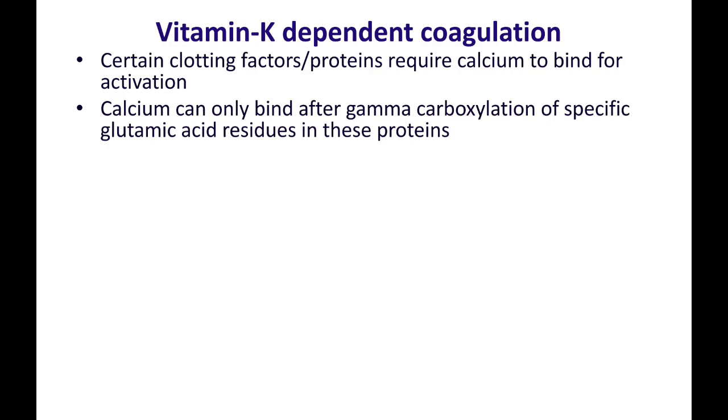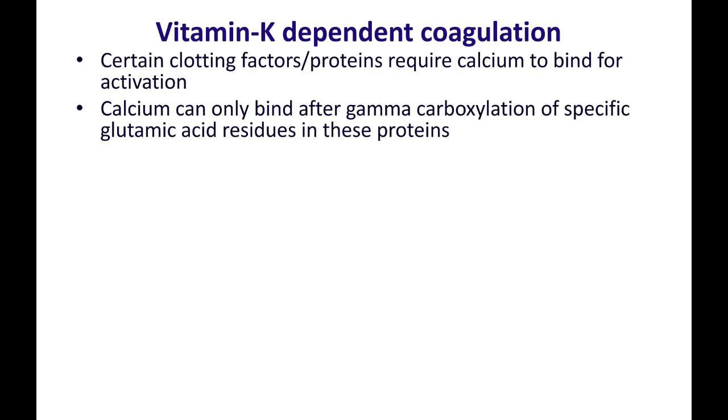These coagulation factors are proteins which contain amino acids. In amino acids, glutamic acid is one of the amino acids which is gamma carboxylated, meaning at the gamma position of carbon an extra carboxyl group is added.